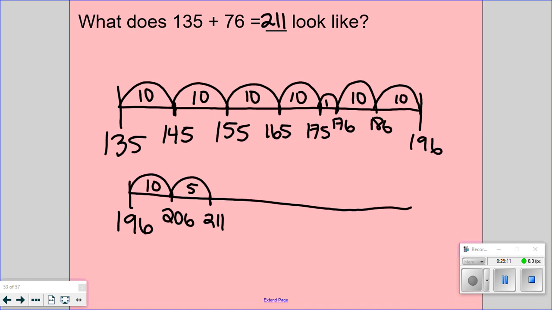Now I'm noticing something. I'm noticing when I start my number line, I've just been starting at whatever the first number is. I wonder if I could switch it up, if that would work. Let's find out.